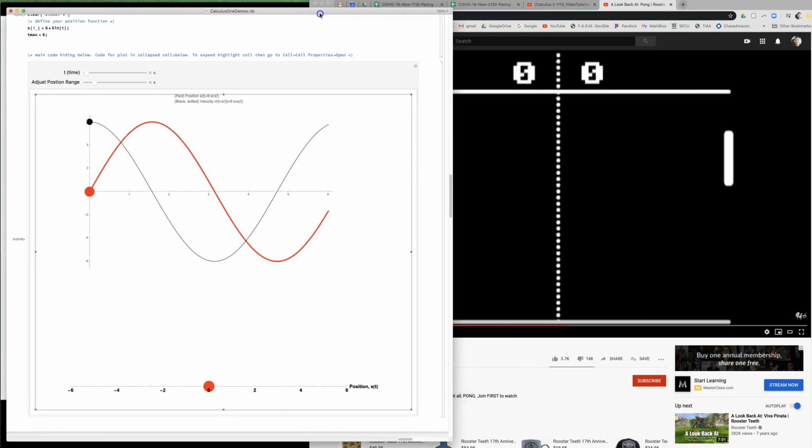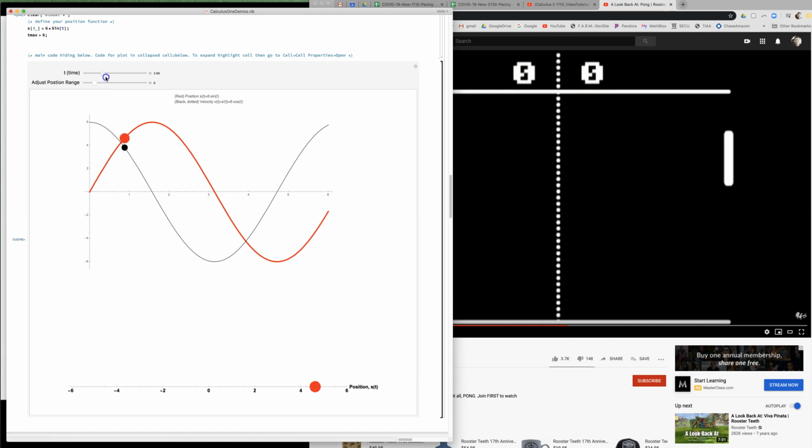What you're seeing in red here is a graph of a function, 6 times the sine of t, okay? And as time progresses, as time moves on, you can see that, well, hopefully you can see, sorry, the graphics are a little slow here for some reason. So with 6 sine of t, we're moving along the sine graph as time on the x-axis changes. And this is something that we are familiar with.